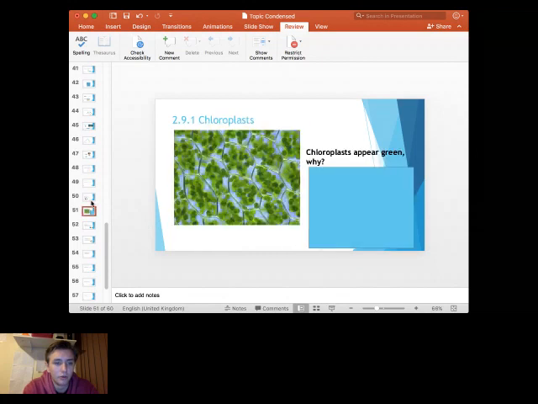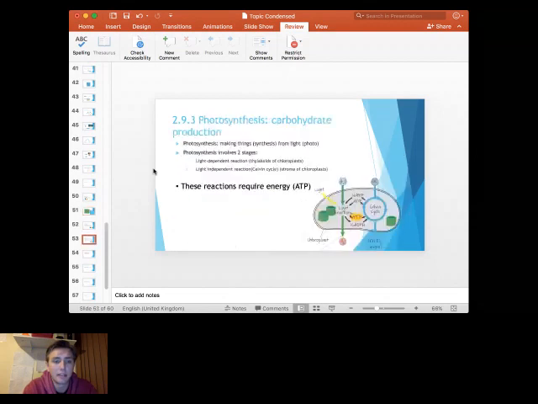So, chloroplasts are the things that contain these molecules that can drive photosynthesis. And a chloroplast is just another organelle, just like a mitochondrion or a ribosome.